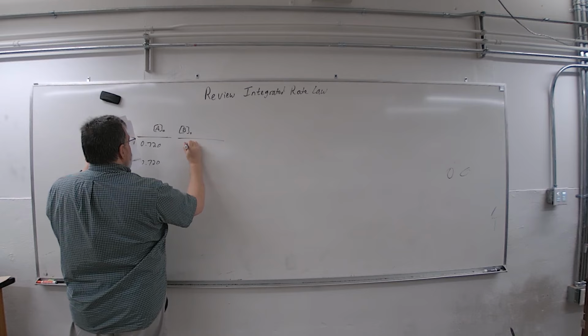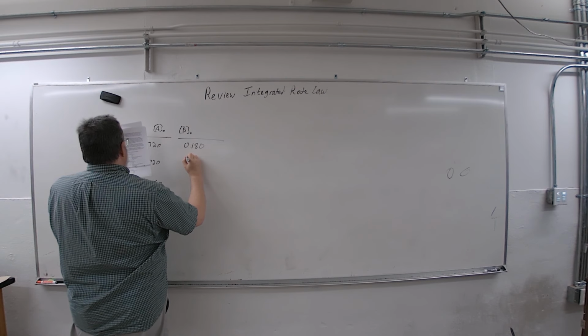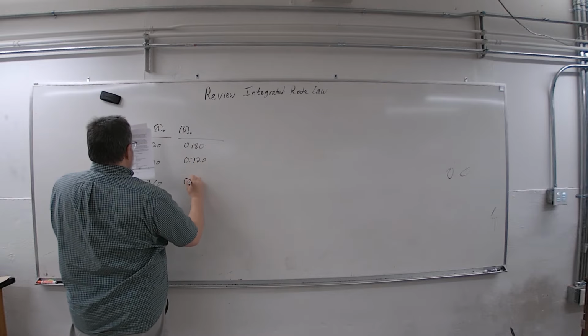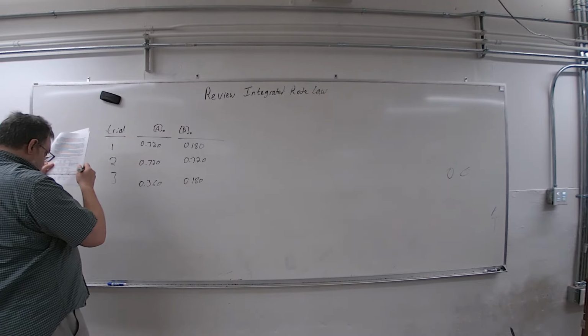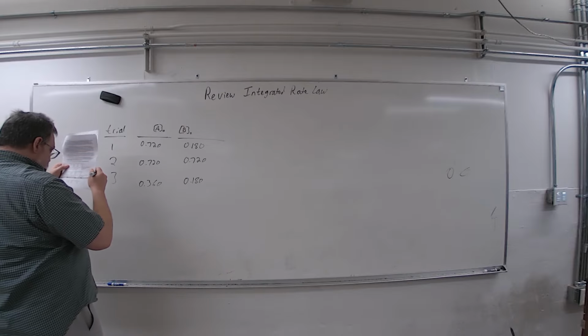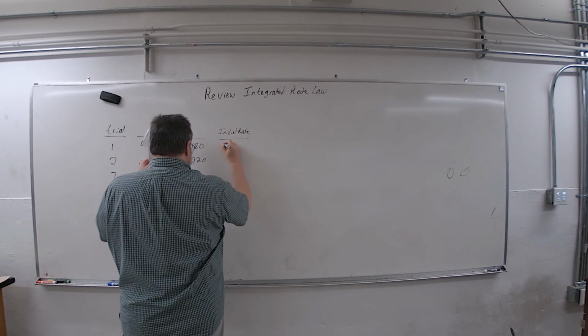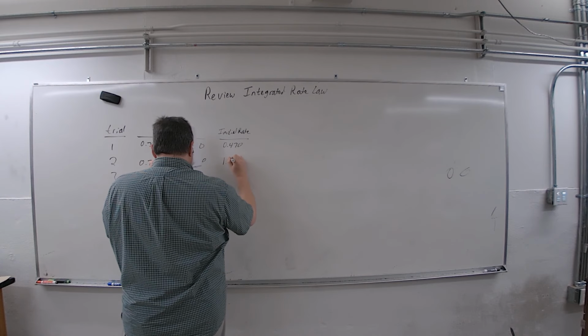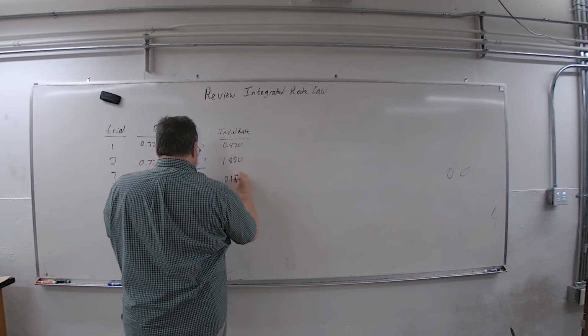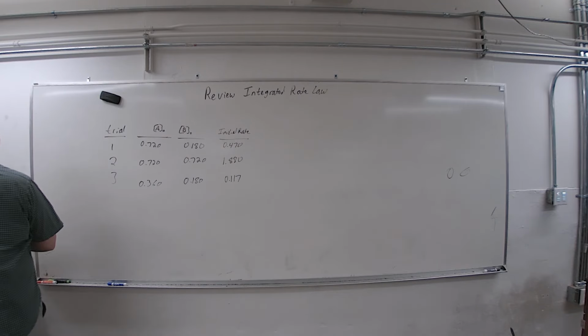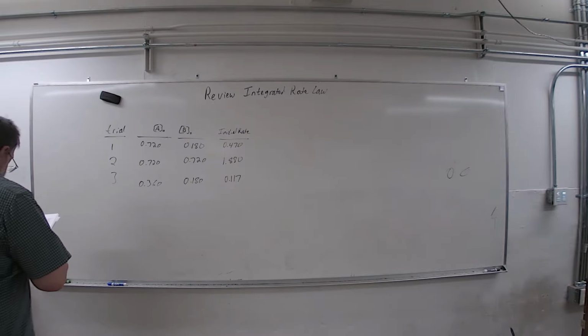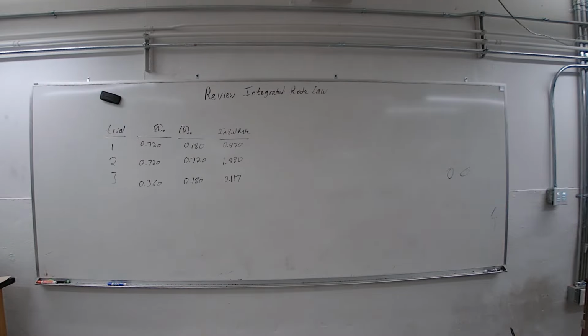Okay, and P is initial rate. So you have on your sheet there the equation for first order, the equation for second order of this form, and the equation for 0 order.